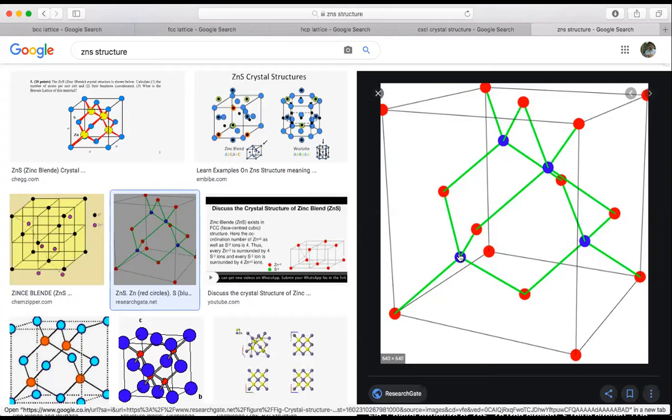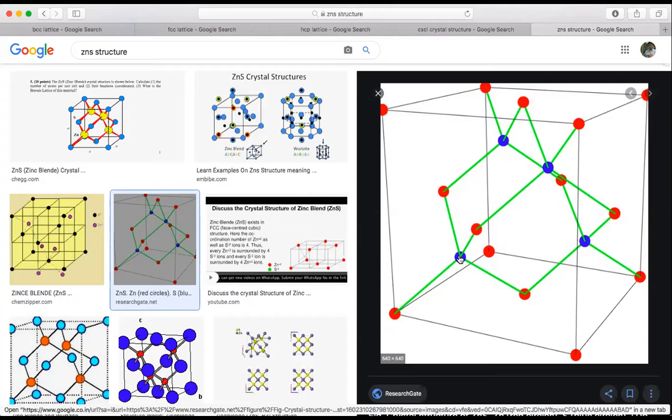You have one Fcc lattice shown by the red points, and interpenetrating it another Fcc lattice shown by the blue points, where this atom is shifted by a/4, a/4, a/4.